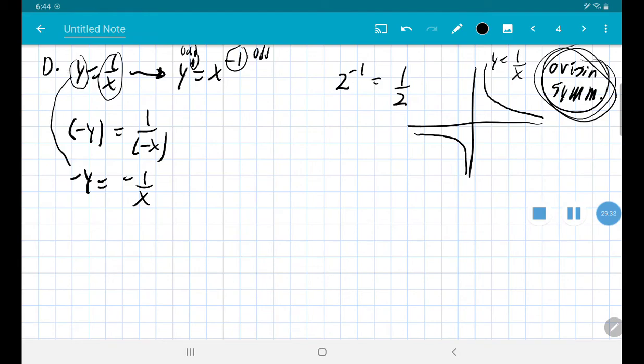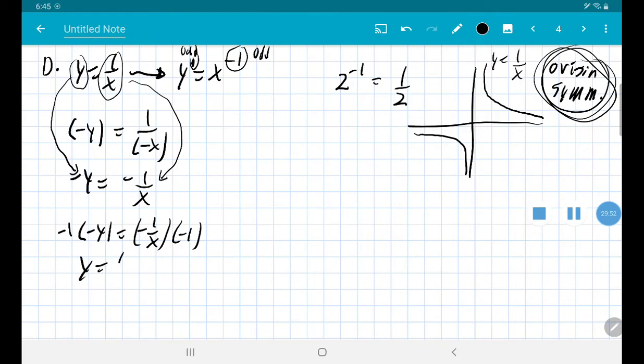The term on the left changed sign. The term on the right changed signs, so every term changed signs. So I can multiply everything by -1, giving me y equals 1 over x, which is what I started with. So another technique you can use to determine origin symmetry.